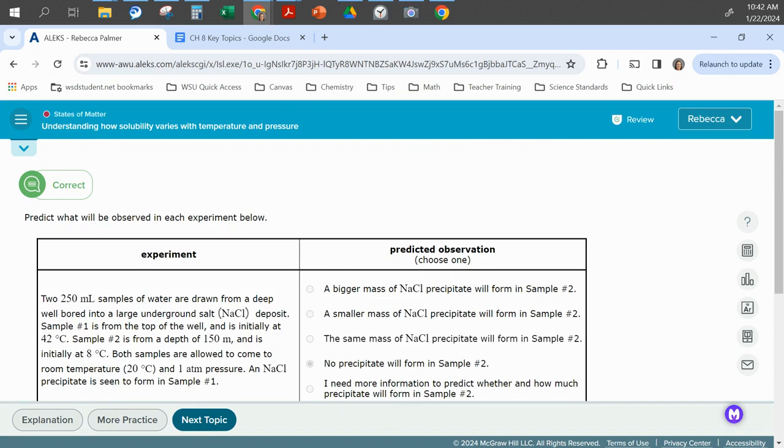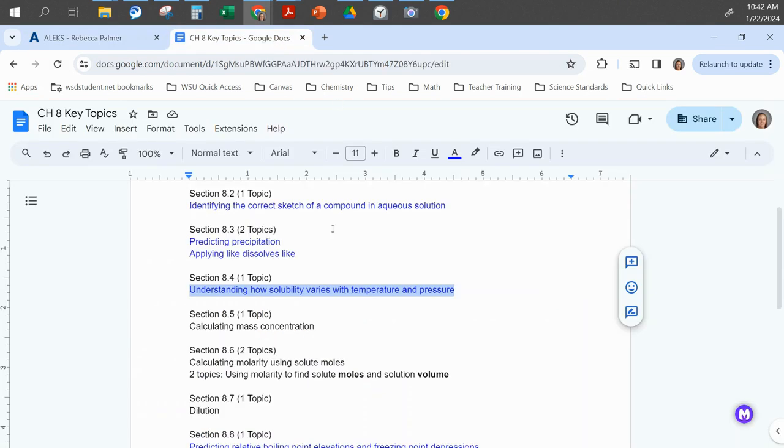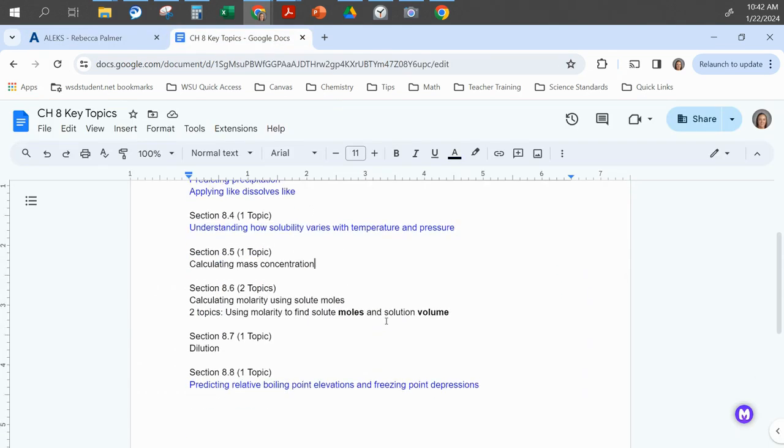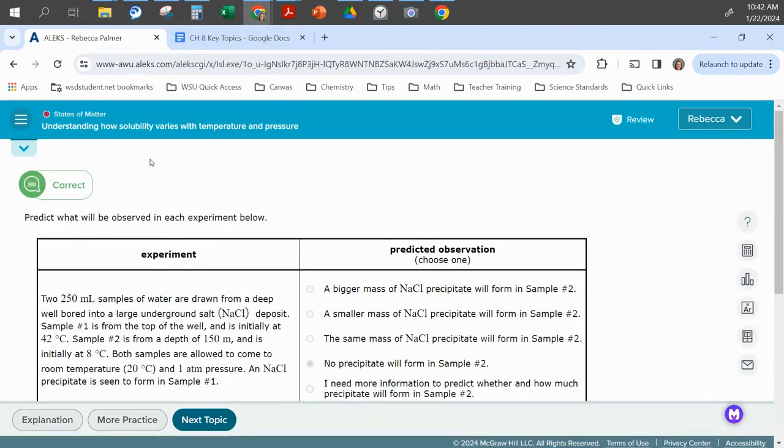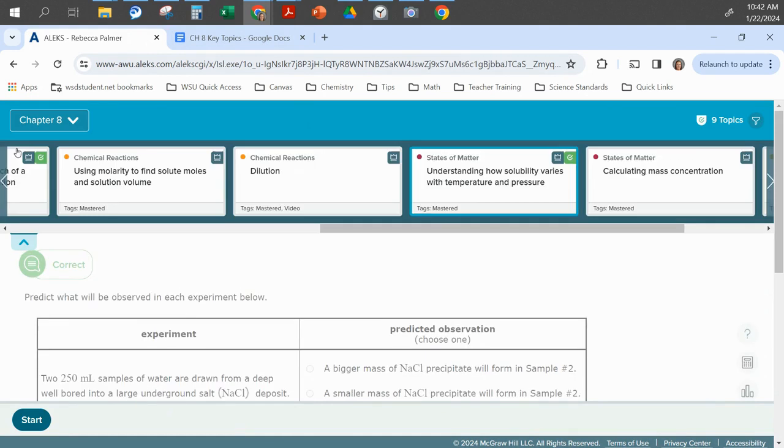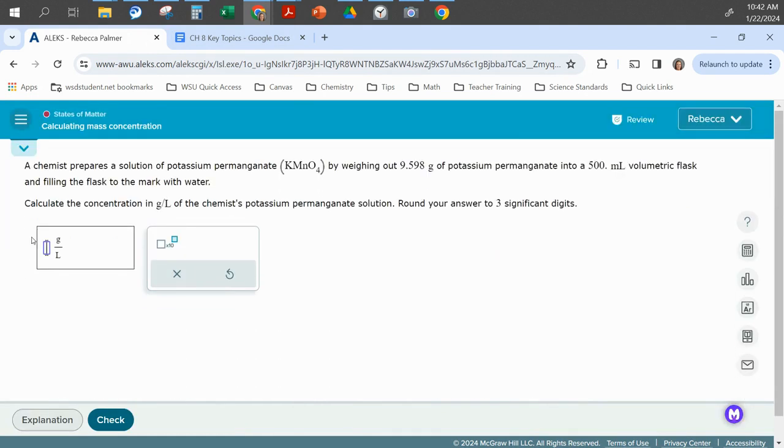Okay, great. Good. Next topic is calculating mass concentration. So we just briefly mentioned concentration in our lab discussion. So let's use that. So this problem, what I do is I always look at my units first, okay? So all I have to do is grams divided by liters for this problem.